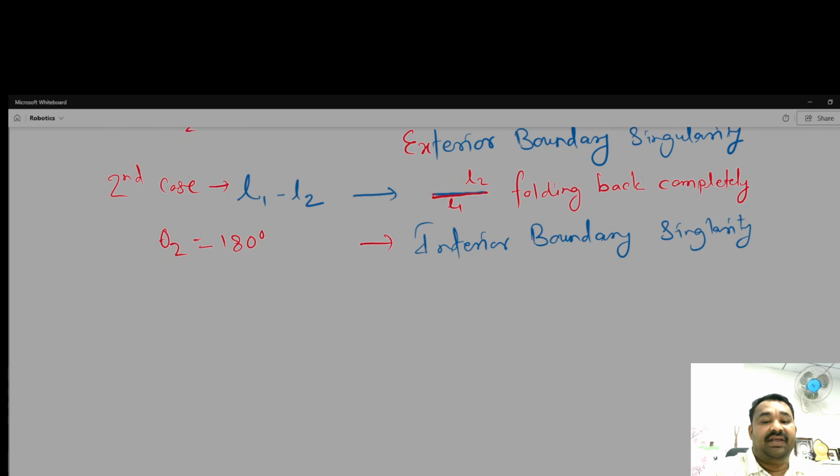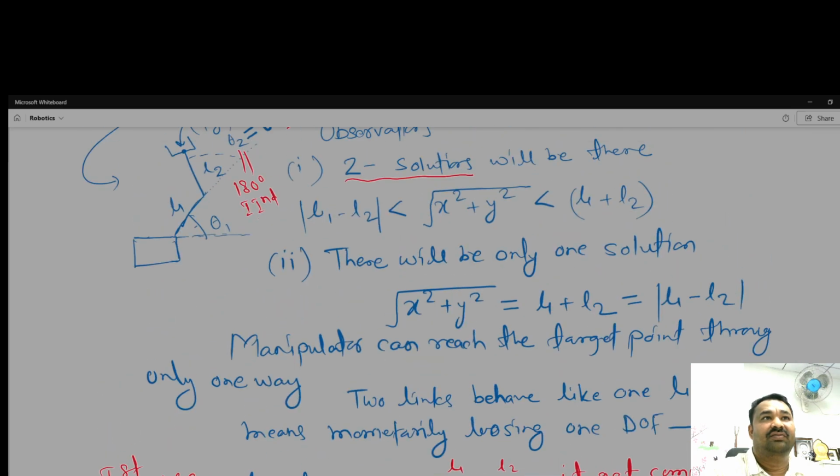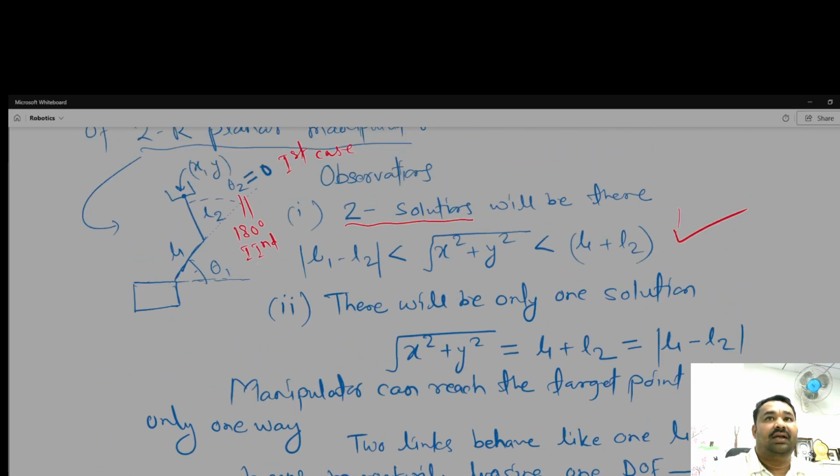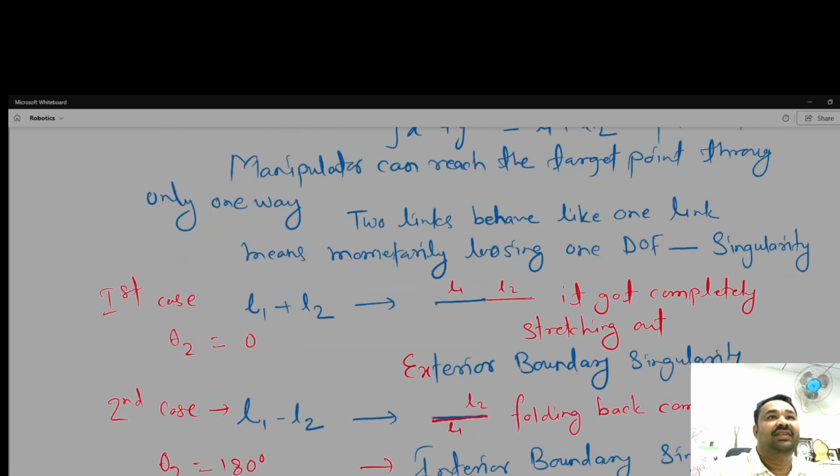So in this way we talked about the two solutions first, and then the single solutions, the condition of single solution, and its significance: the two links behave like one link, meaning momentarily losing 1 degree of freedom. That is known as singularity.